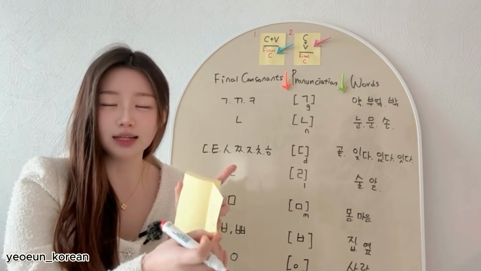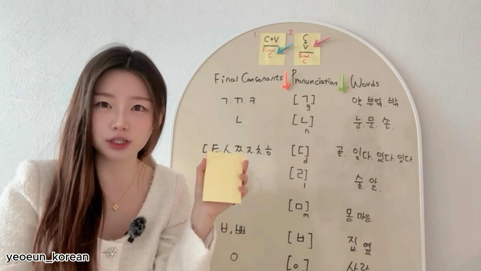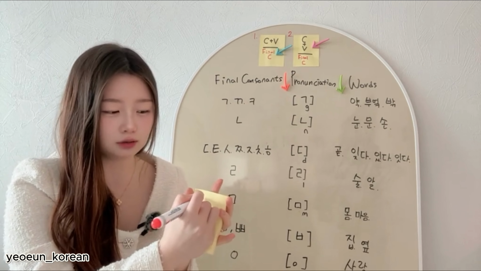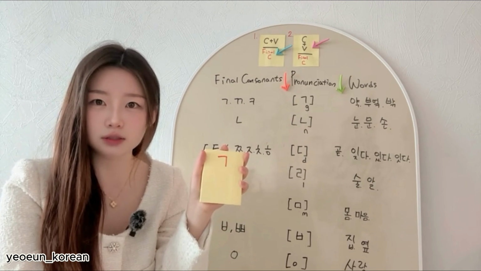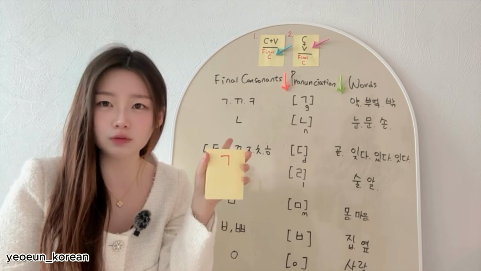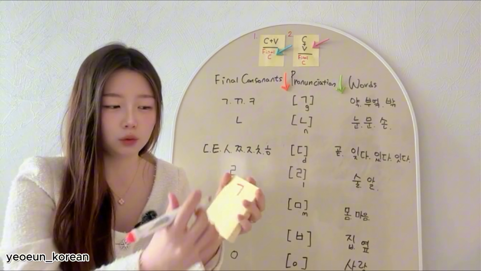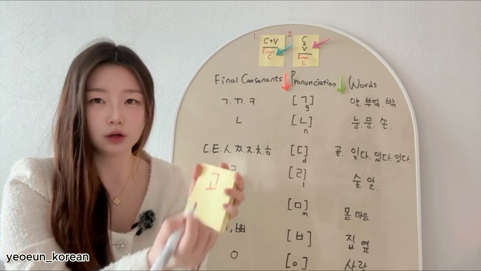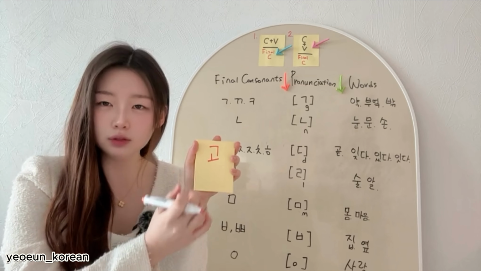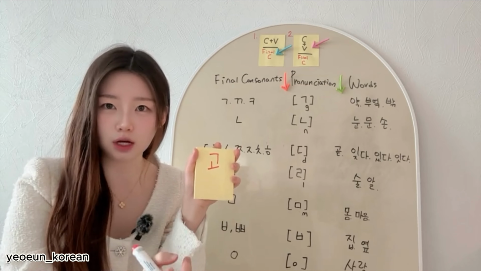Okay, and let's try the second combination here. Let's use the 기역 sound again, and we're going to put one vowel. Let's put the O sound. So it became the 고 sound.